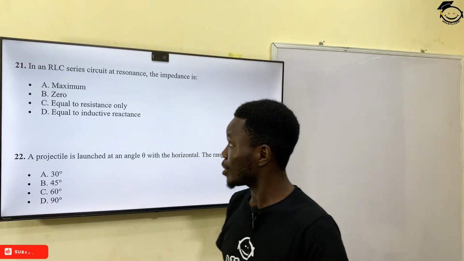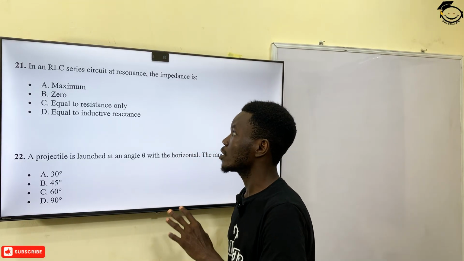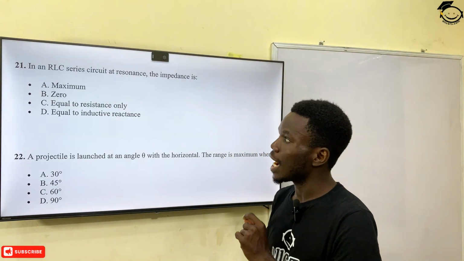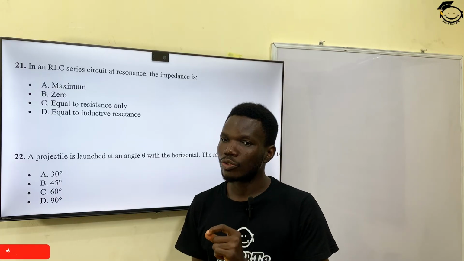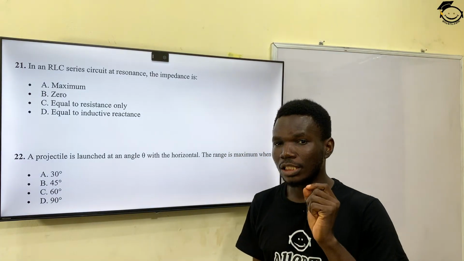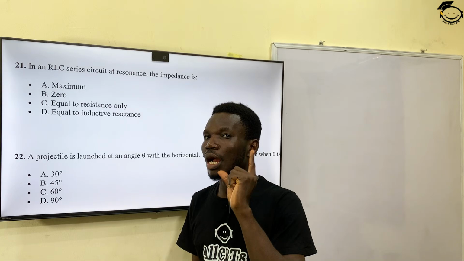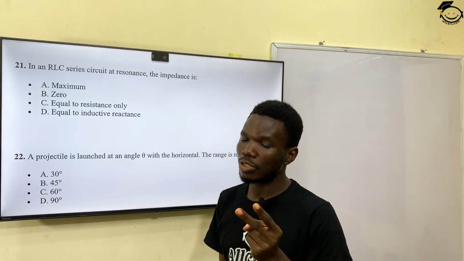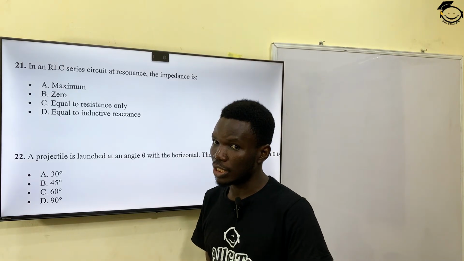Moving on, question number 21 says, in an RLC series circuit at resonance, the impedance is dashed. An RLC circuit is a resistance, an inductance, and a capacitance circuit. So we have the capacitor, the resistor, and the inductor within this circuit.